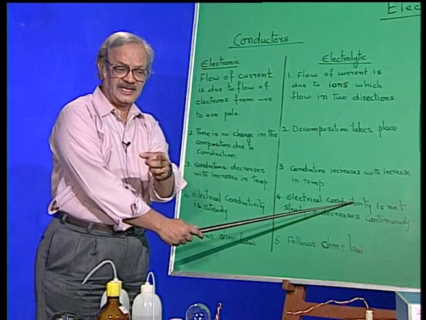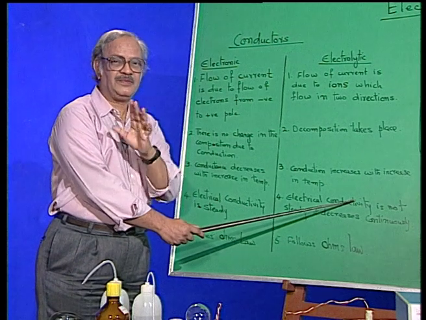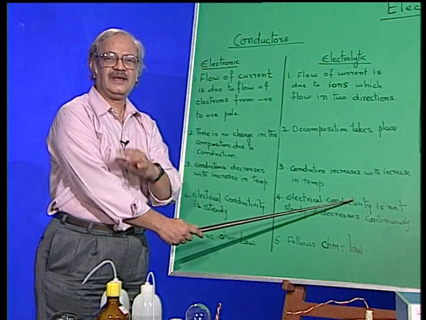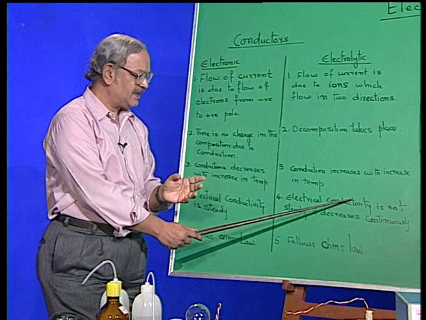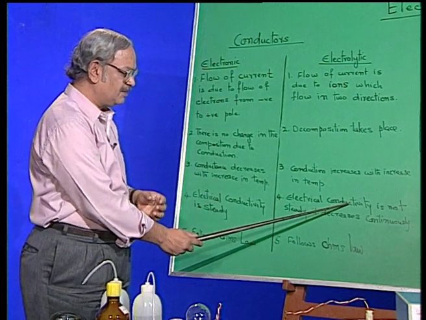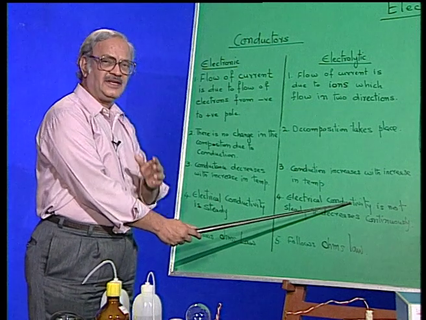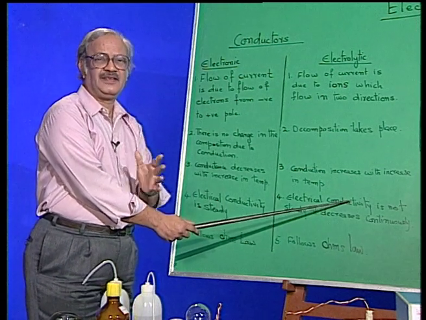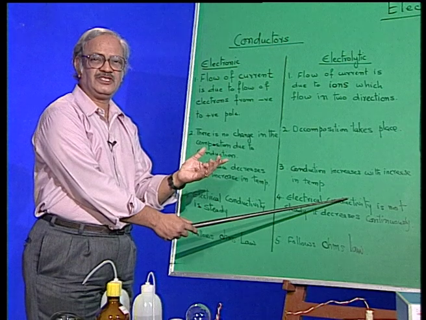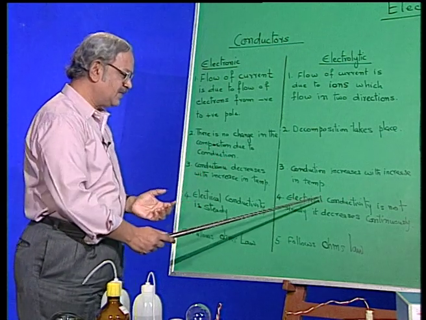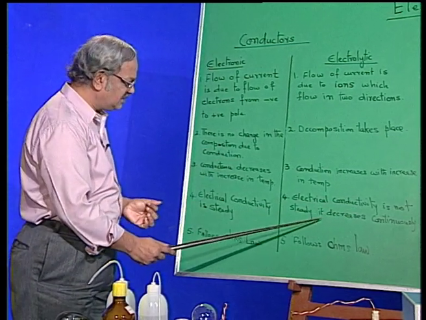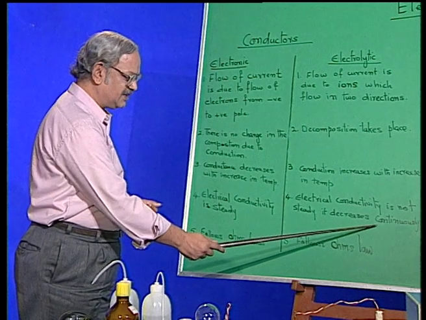In this case you got the bubbles. It is not that potassium is getting deposited; it is the hydrogen ion, which is relatively easier to evolve at the electrode. All the same, the concentration of iodide decreased because of the conversion to iodine. So electrical conductivity is not steady, it decreases continuously.